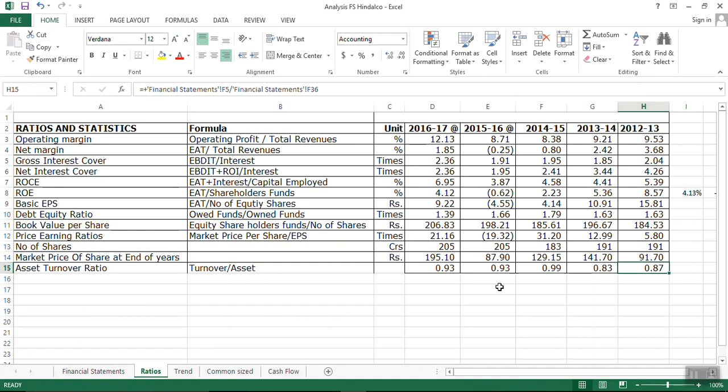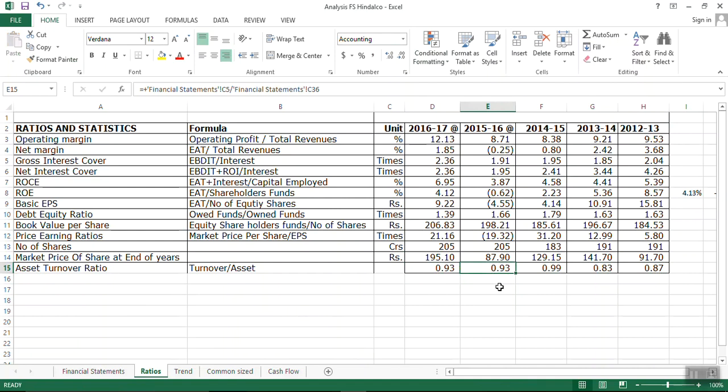If you have a look, in 2012-13, the turnover was just 0.87 times of the total assets. In 2013-14, the situation worsened; it was just 0.83 times. In 2014-15, the situation improved and the company was nearly able to earn what its assets were.